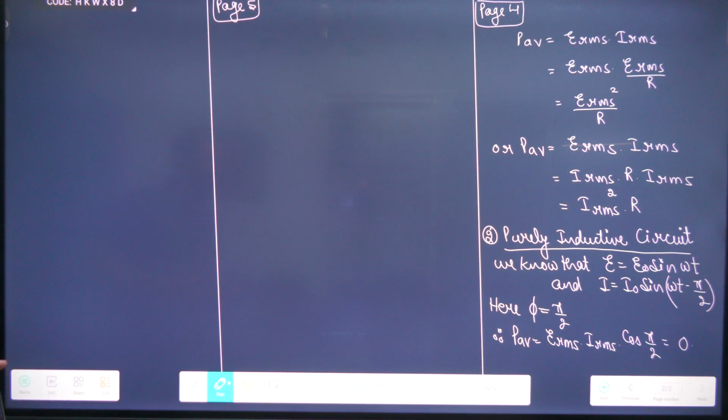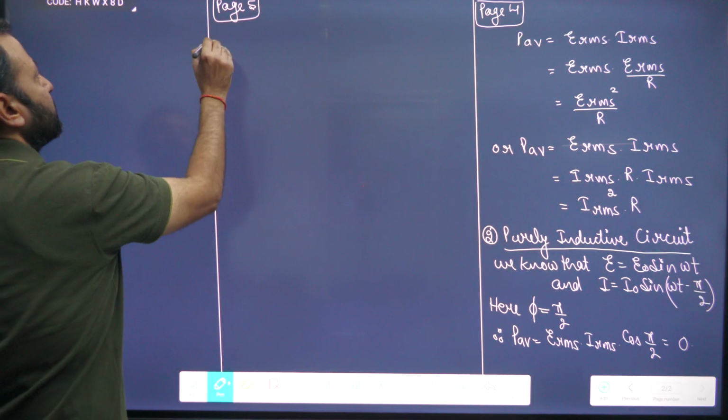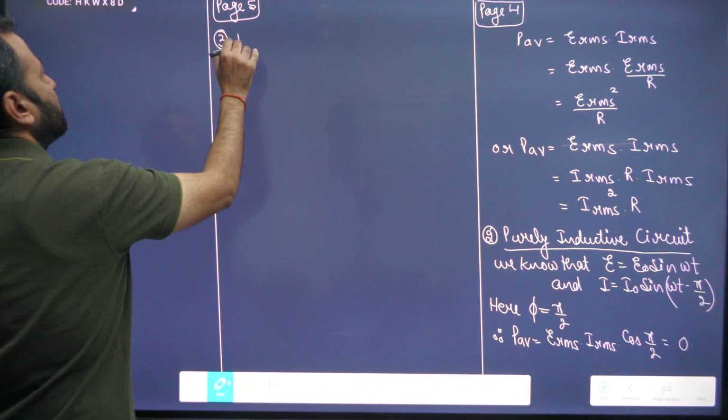So P average is equal to 0. Similarly, purely resistive circuit, purely inductive, purely capacitive circuit.